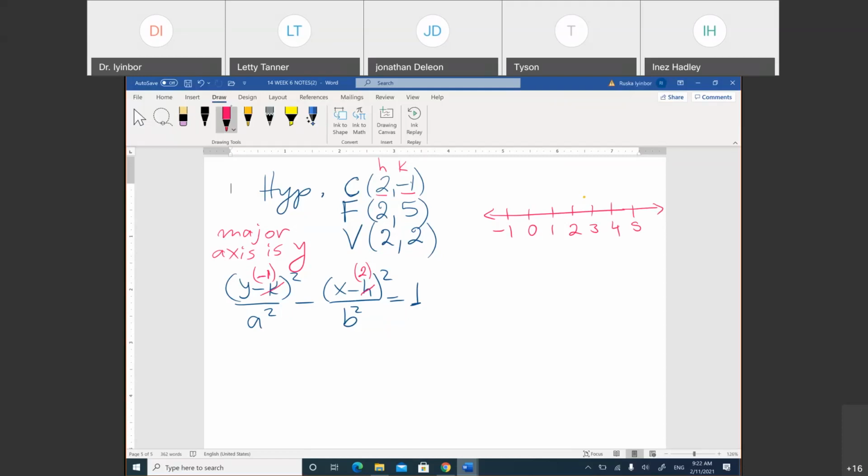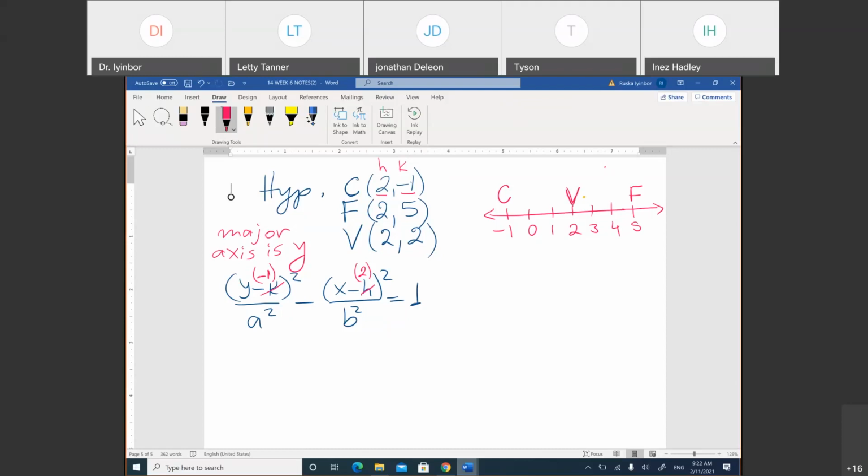Okay, so this is what you have. You have the center is here. Hold on, it's not writing. Okay, there you go. So you have the center at -1. The focus is at 5. And the vertex is at 2.